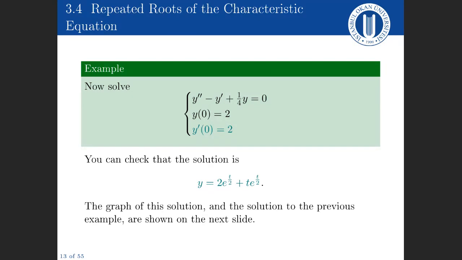I'm not going to answer this, I'm going to leave this for you to do. Solve this problem, and please check that the solution to this example is 2 e to the power t over 2 plus t e to the power t over 2. I'm going to show you the graph of this function and the graph of the solution to the previous example.